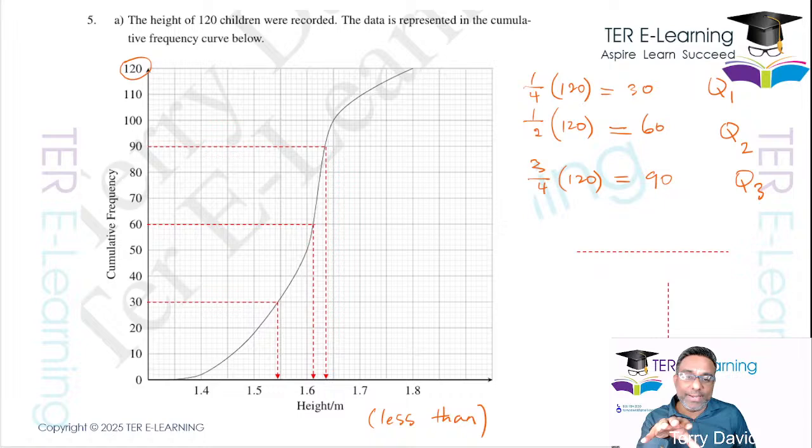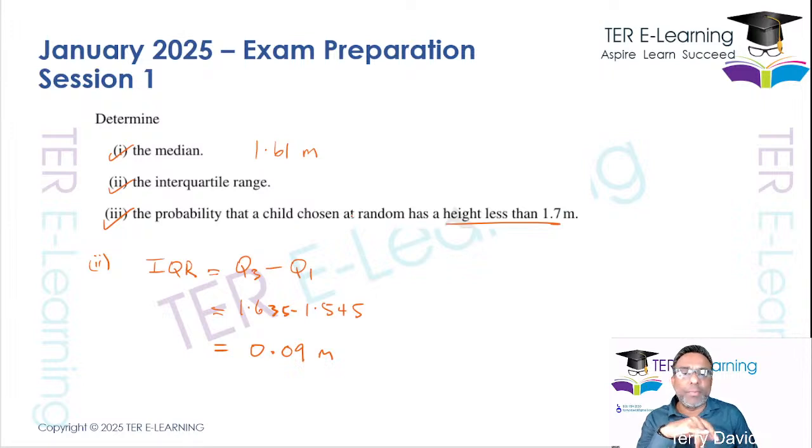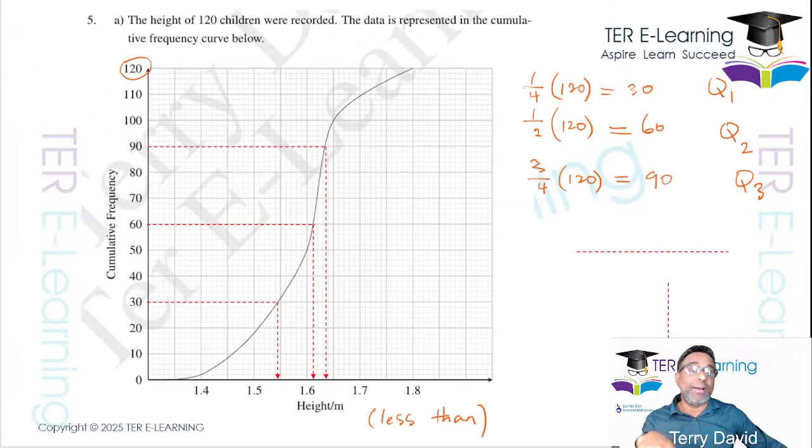The question I gave here basically says, what's the probability that a child chosen at random is less than 1.7? So we can read this off directly from the graph. You're going to read off at 1.7.